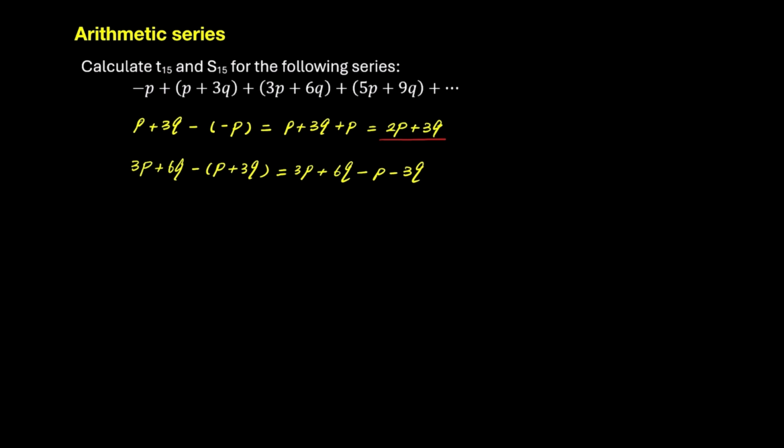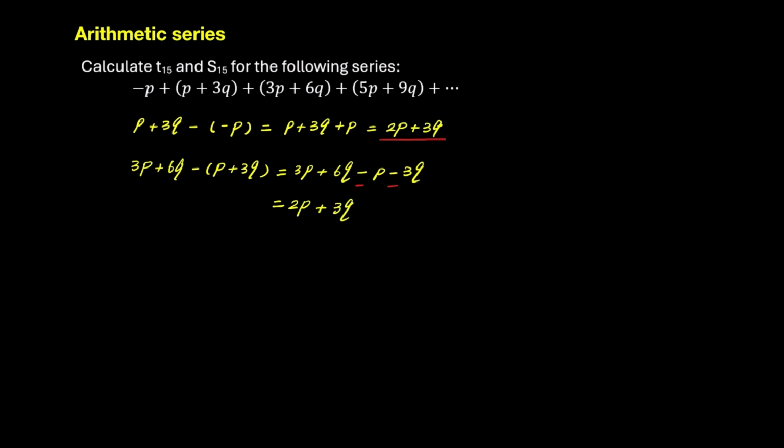Remember, when you remove a bracket that has a negative sign in front, you need to change the sign of each term in that bracket. So be careful, we have two negative signs here. So it equals 3p minus p is 2p, and 6q minus 3q is 3q.